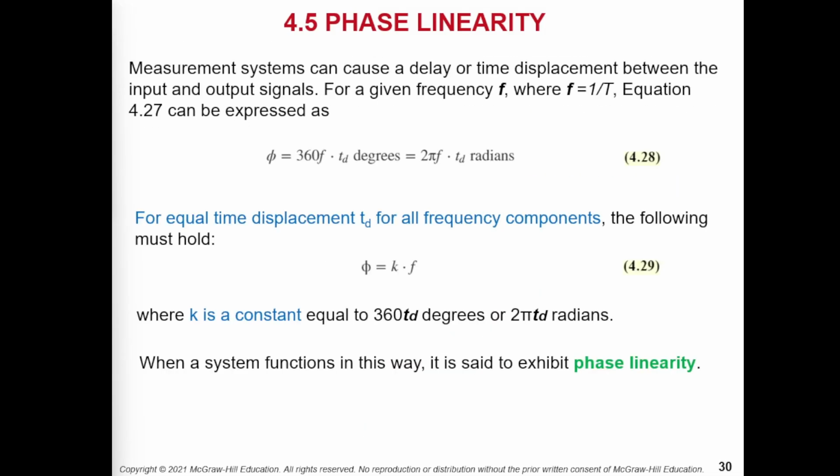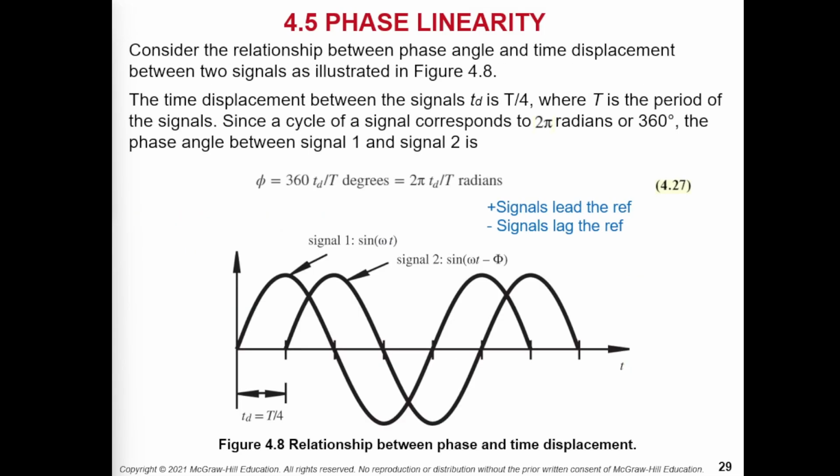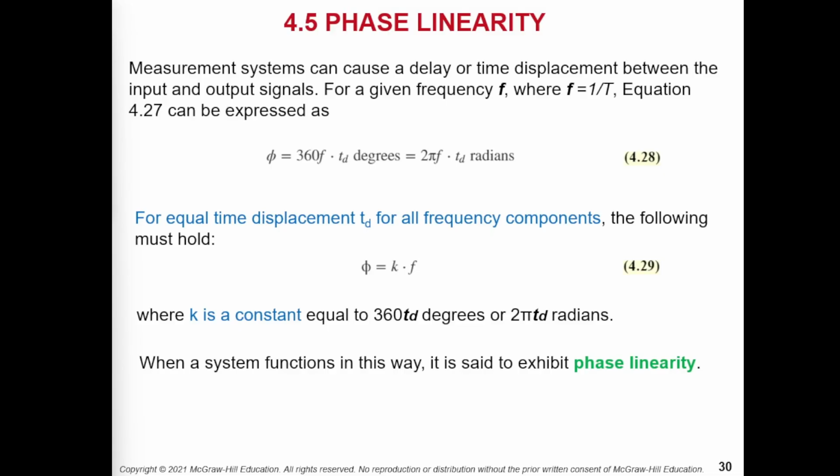Because of this, when you say one system has phase linearity, that means the phase has a constant ratio with the frequency. So phi is equal to k f. Let's take a look at this. If we change 1 divided by t to f, the frequency, then 360 times td will become k here.